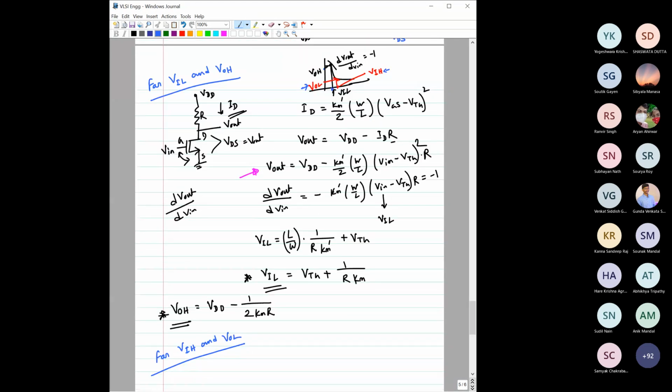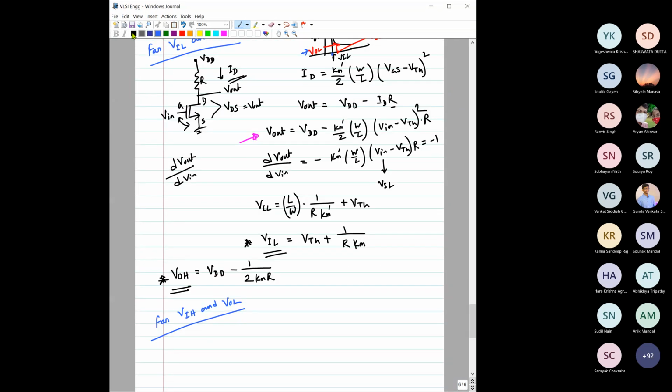So we have to write the equation of the triode region here. So here ID would be equal to Kn. Let me write in terms of Kn only, why write W by L now?